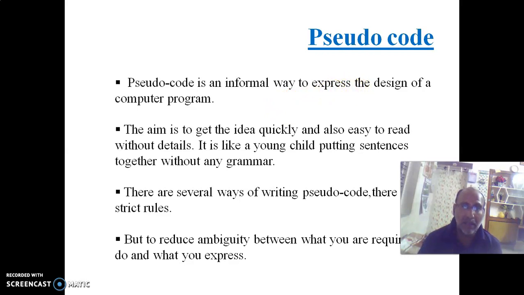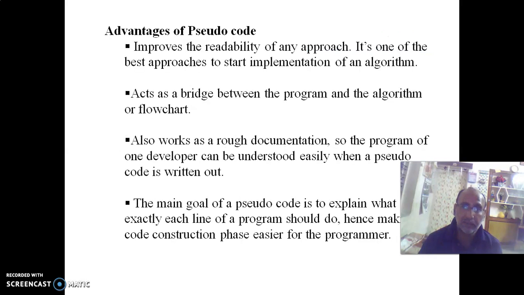It is like a child putting sentences together without any grammar. There are several ways of writing pseudocode. There are no strict rules, but to reduce ambiguity between what you are required to do and what you express.